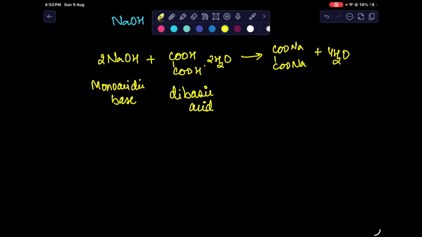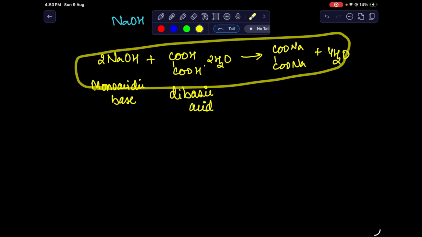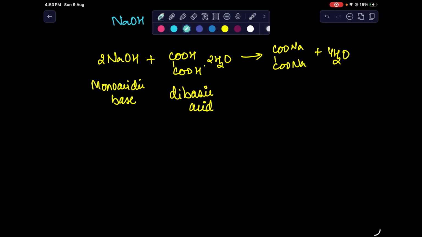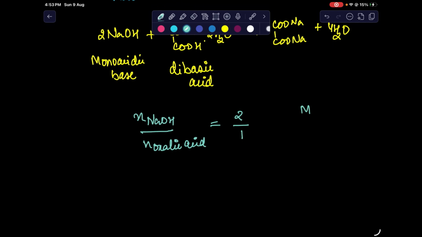Since this is a balanced chemical equation, I can see that the number of moles of NaOH upon the number of moles of oxalic acid is equal to 2 is to 1. So the ratio is this. Okay, now we know the formula of molarity. Molarity is equal to number of moles upon volume.